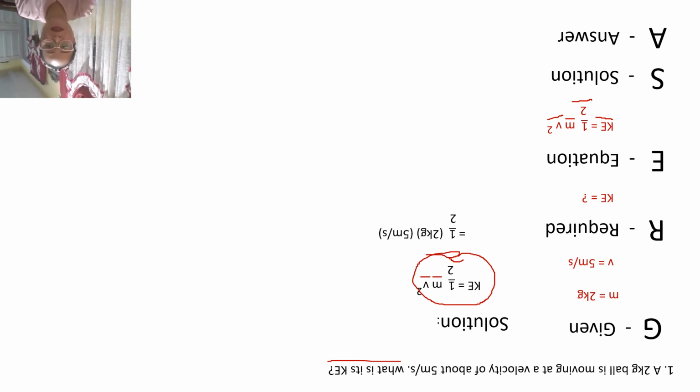Next, it is equal to 1/2 times 2 kilograms times 5 meters per second, squared. 2 kilograms is the value of our mass, then 5 meters per second is the value of our velocity. Sinubstitute lang natin ang mga values.